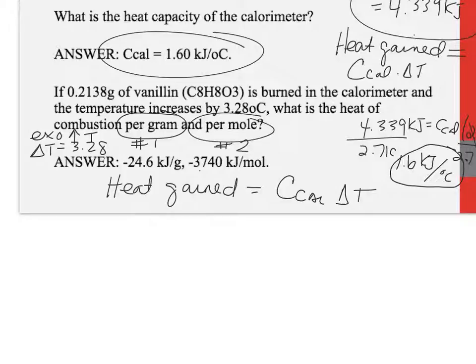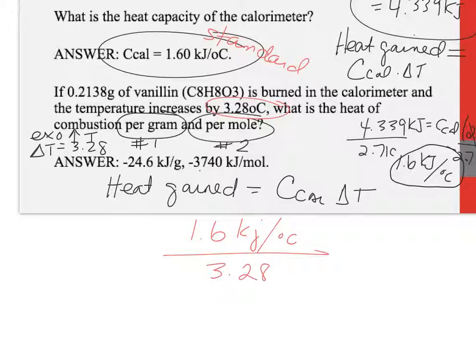Remember I said in bomb calorimetry we need a standard. So this was our standard that we just calculated. So that's going to be our 1.6 kilojoules per degree Celsius times our delta T, which is 3.28 degrees Celsius, which is going to give us a total of 5.25 kilojoules. Okay, that's not our answer.